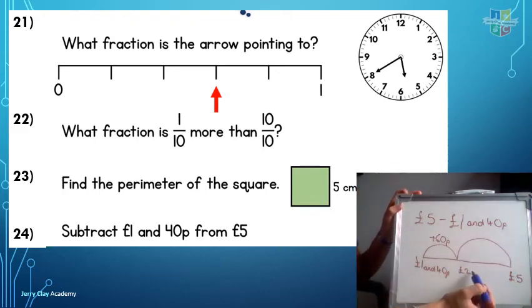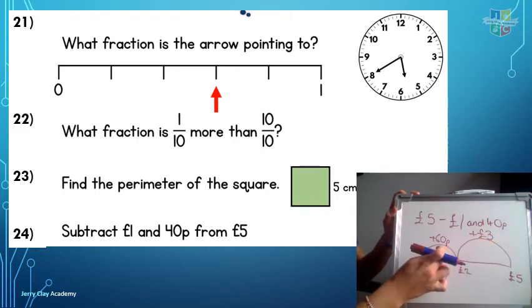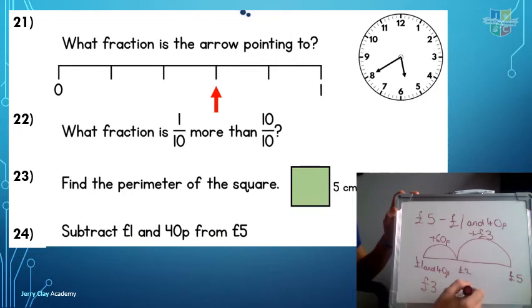I could then do £2 up to £5, I'm going to add £3, and if I add these two numbers together, you should have said that there will be £3 and 60 pence remaining. Or you could have put £3, put your decimal point in, 60. But remember, we don't need the pence sign, as with the decimal point we already know it's pence.